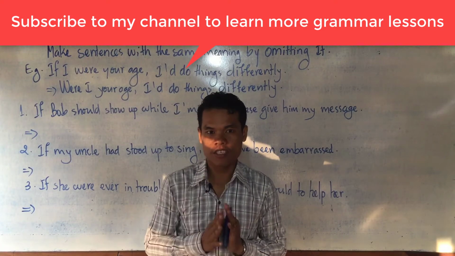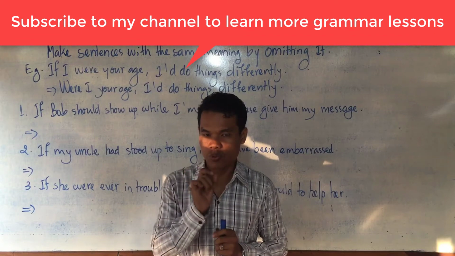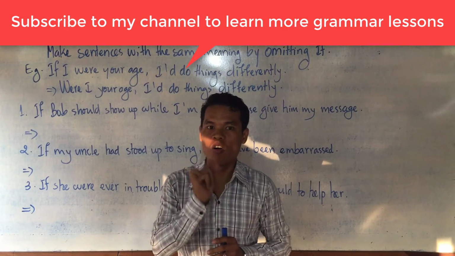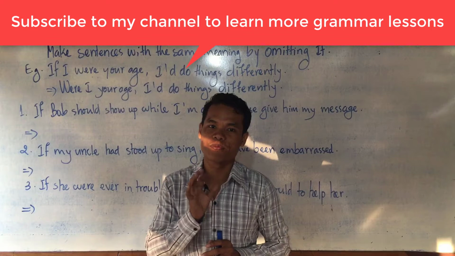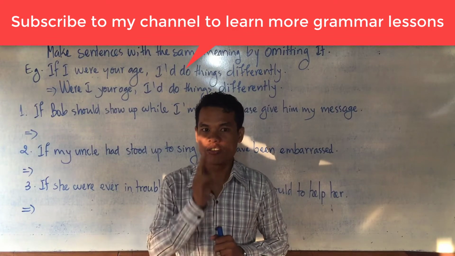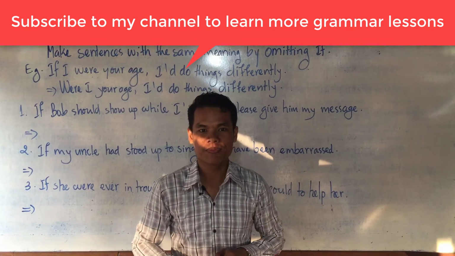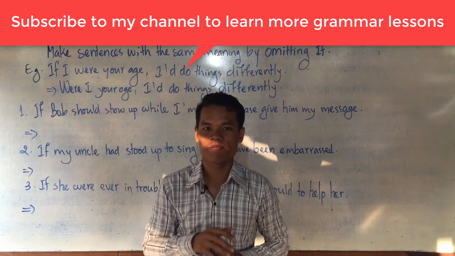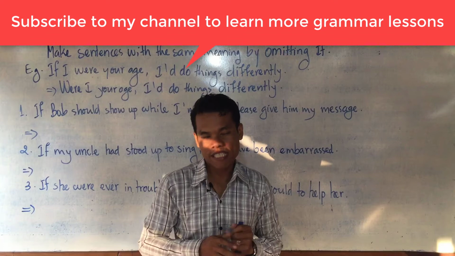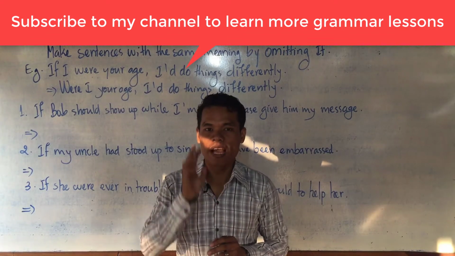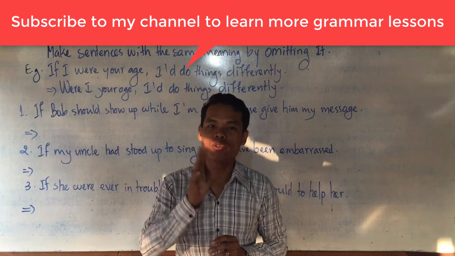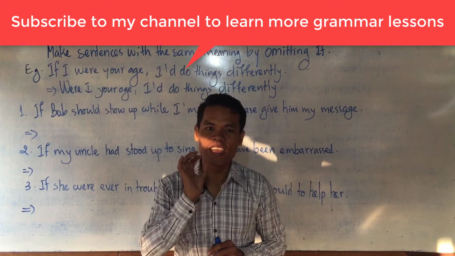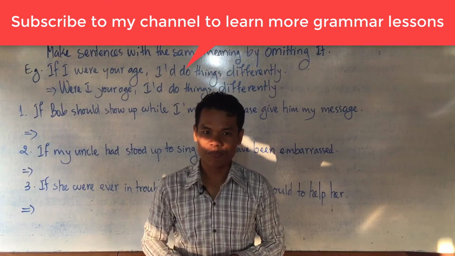Before I start to teach you this practice, I would like to ask you about omitting if from our conditionals. Do you remember that? Have you watched that video yet? Well, let me tell you some about that. Actually, we have three conditionals used in the if-omitting clause.